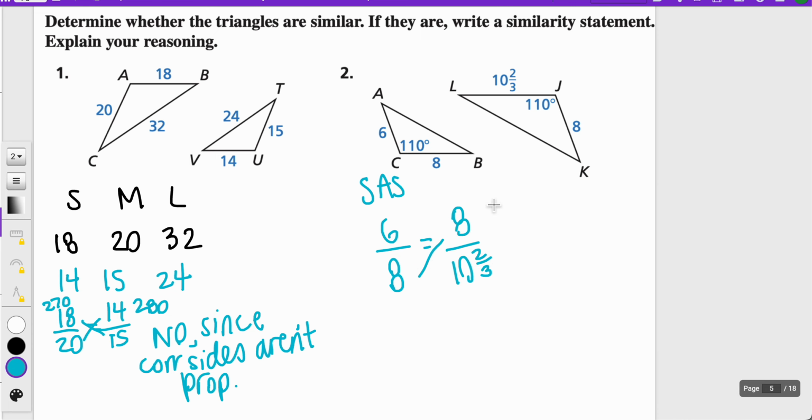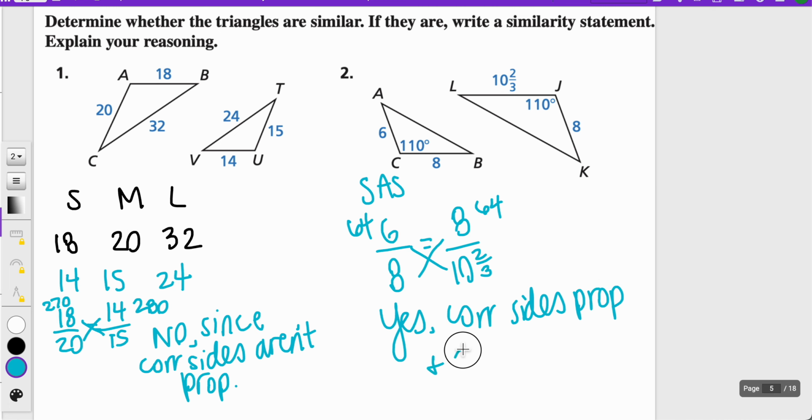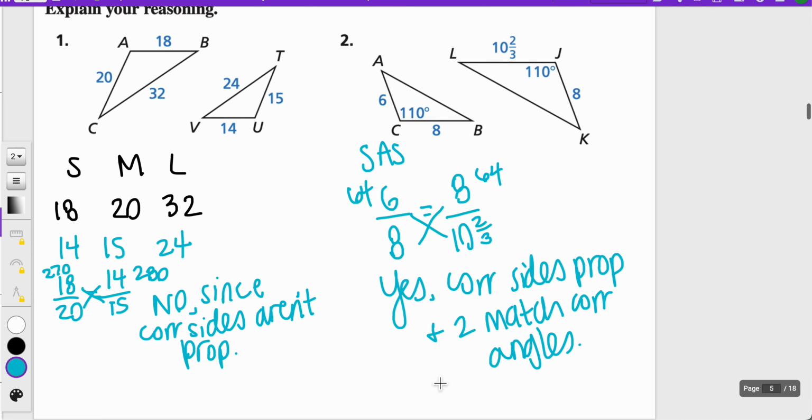I know 8 times 8 is 64, and if you do 10 2/3 times 6, you also get 64, so I can say yes, corresponding sides are proportional, and I have 2 matching corresponding angles. Okay, so my similarity statement for number 2 would be triangle ABC is similar to triangle KLJ.